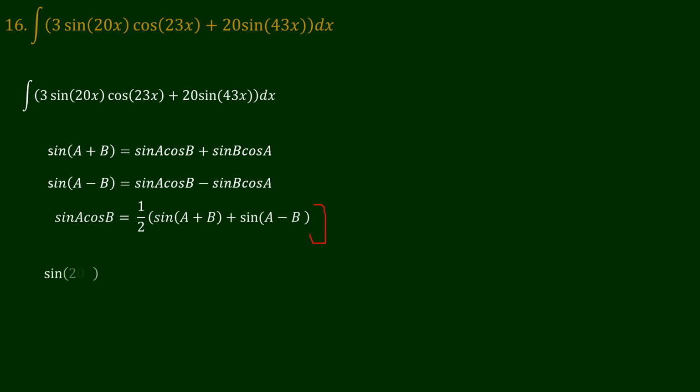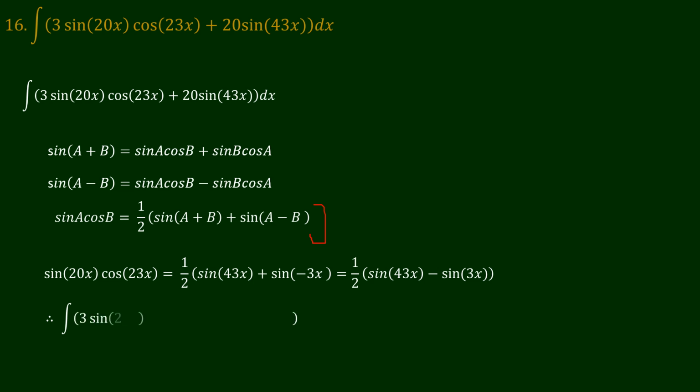Okay, and therefore sine 20x cosine 23x is the same as half of sine 43x, because we're adding 20 plus 23, plus sine of 20x minus 23x, which is negative 3x, which is the same as, because the negative sign here propagates outwards, a half of sine 43x minus sine 3x.